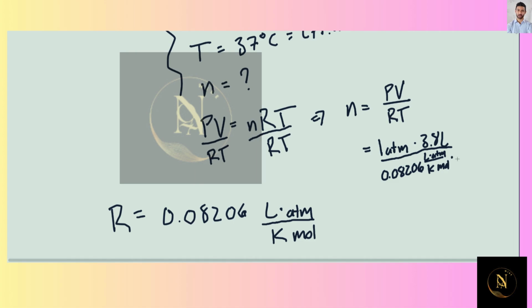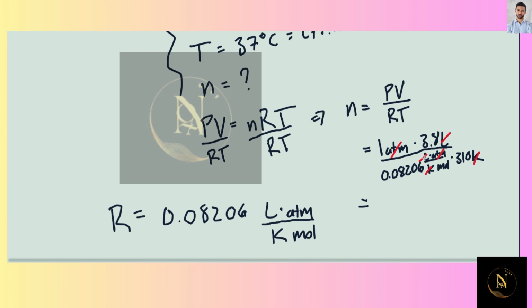And we know the temperature was 310 Kelvin. Let's make sure the units check out. Atmospheres here cancel with atmospheres there. Liters here cancel liters there. Kelvin in the denominator of the denominator cancels with Kelvin in the denominator itself.